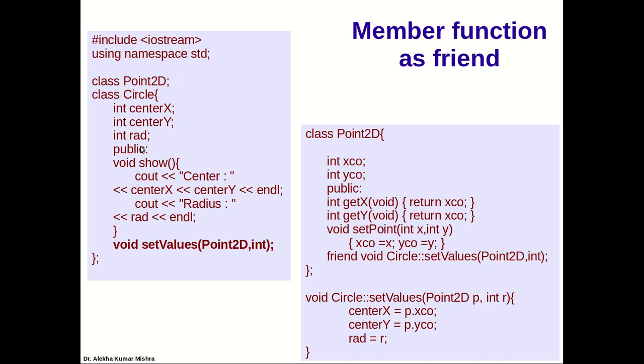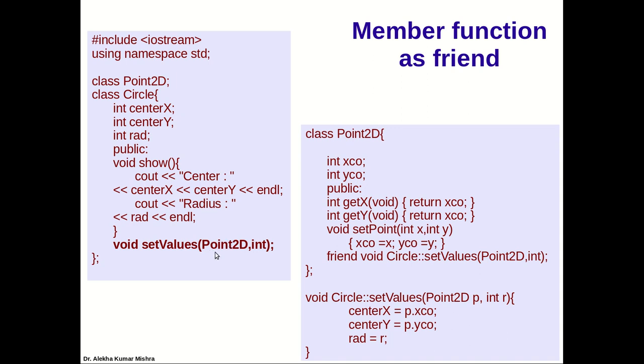So keeping that logic in view, when we assign a center and a radius to a particular circle, we assign that center from a 2D point. So we pass the 2D point as an argument. When I am passing a Point2D object, I need to access the x coordinate and y coordinate to assign here.